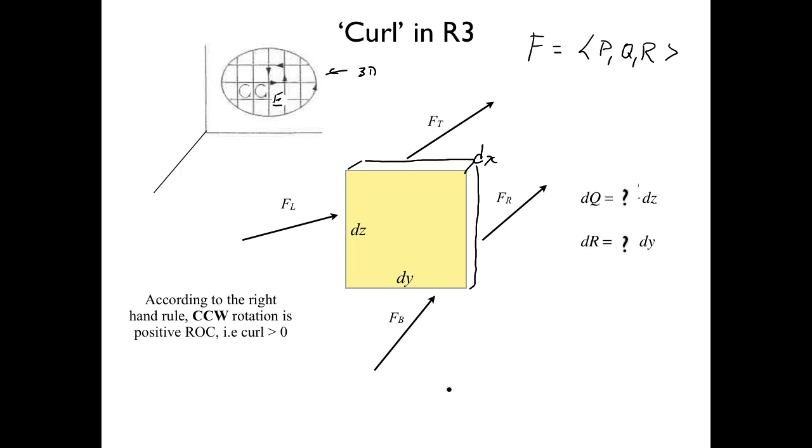So for instance, this one down here is going to be what? That's q. That's the y component of this 3-dimensional vector. And that's the z component of that 3-dimensional vector. It also has an x component. We don't care about that in terms of rotation parallel to the yz plane.